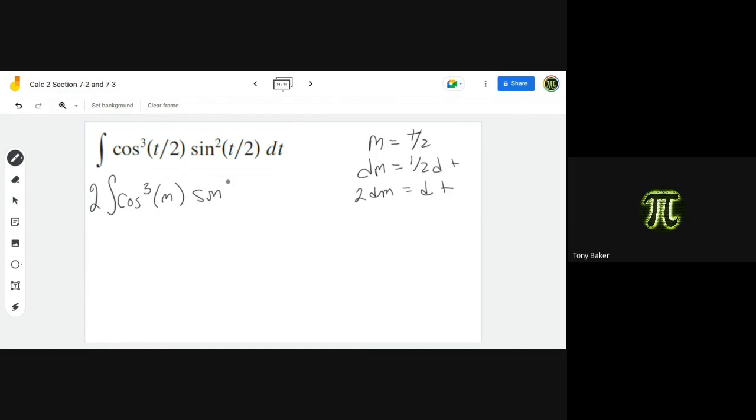Because I was going to use m when I did the trig substitution. So you can't just get rid of it, but you can use a quick u substitution to actually do it.